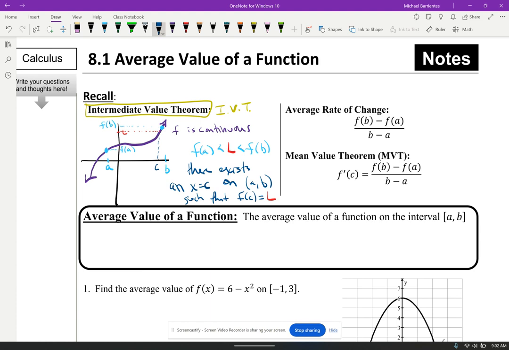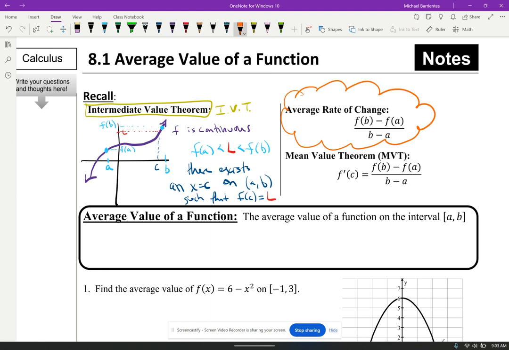The other big idea that I want you to remember is the average rate of change. The average rate of change says if you want to figure out how fast a quantity is changing, subtract the outputs on a given interval and divide by the length of the interval, which is b minus a.